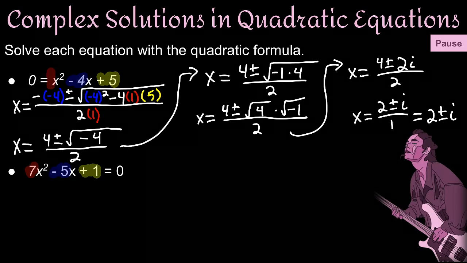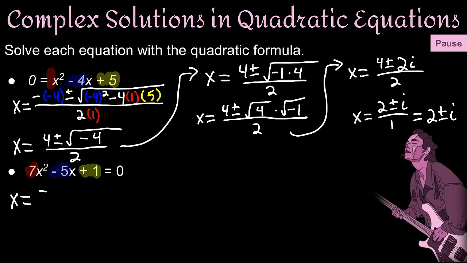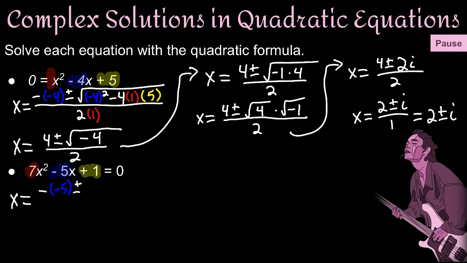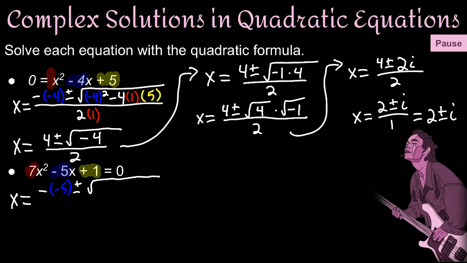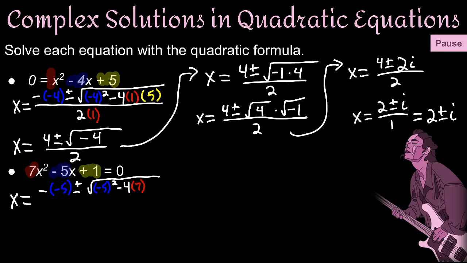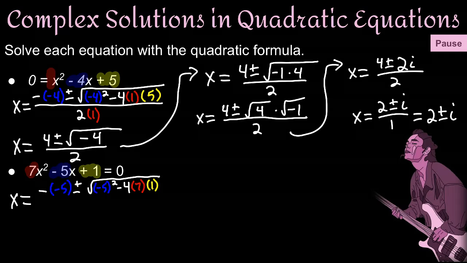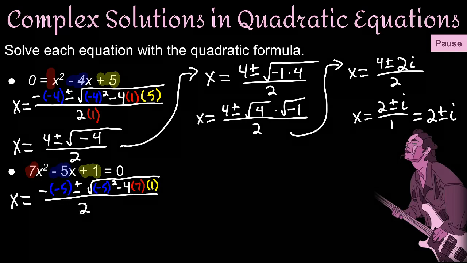So I have x is equal to negative b, which is negative 5, plus or minus the square root of b squared, that's the negative 5, squared, minus 4 times a is 7, c is 1, all over 2a, a is 7.